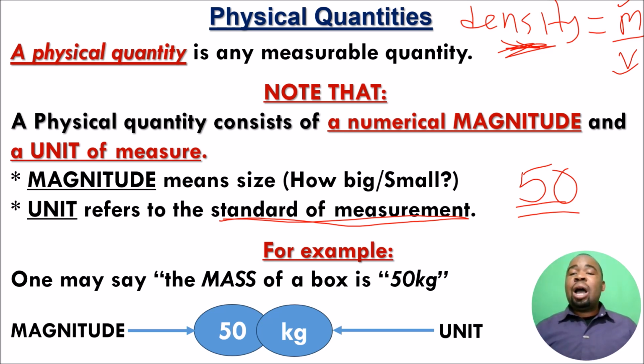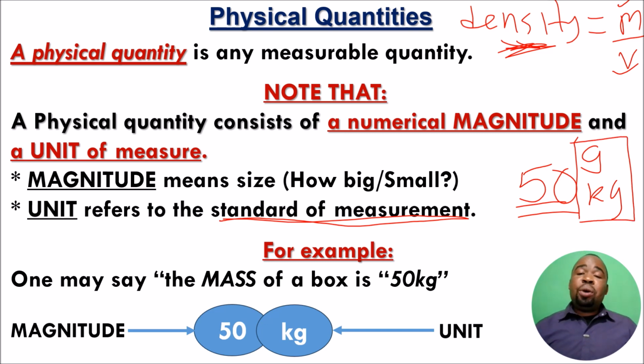For you to know how heavy the parcel is, you need a standard of measure. Once they say 50 grams, you know that I can carry it. If they say 50 kilograms, you may decide I need to book a cab. So these two systems here are units which are standard of measurements.